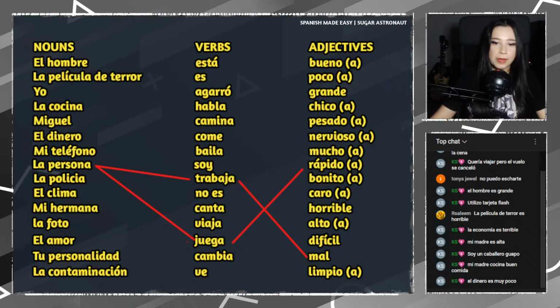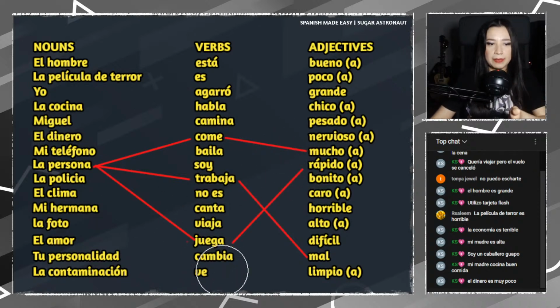Okay, so that's good. We could do much more. We could use la persona come mucho. Again, similar to previous examples, the person eats a lot. And it's very weird because la persona is feminine and we're saying mucho.